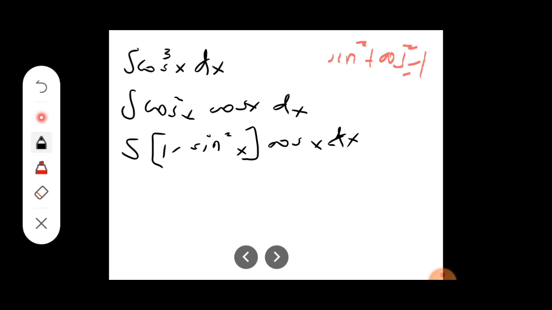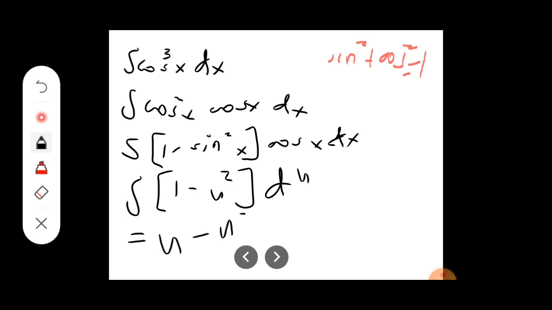So this will be the integral of 1 minus u squared du. The antiderivative of 1 is u, and the antiderivative of u squared is u cubed over 3, plus c. So this will be u minus u cubed over 3 plus c.